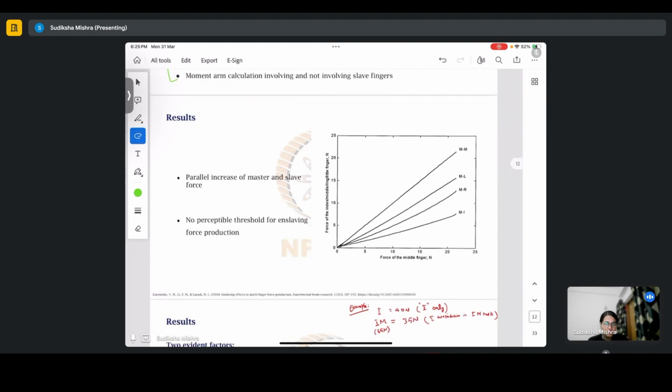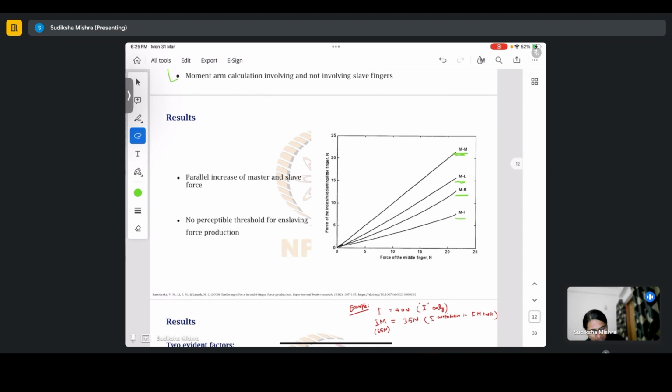And what they saw was that the maximal force was produced by the middle finger, of course, with less dependence on little finger and more dependence on ring and index finger.